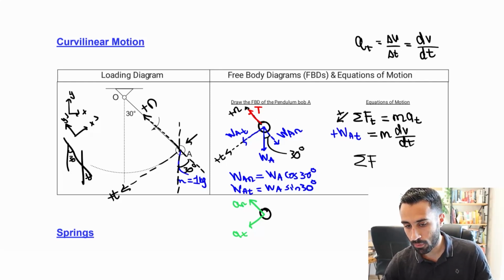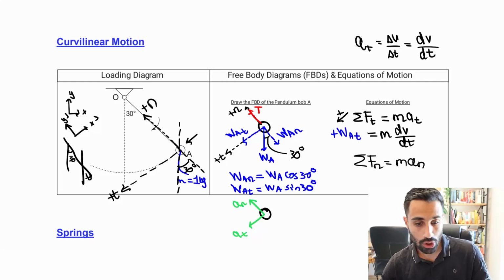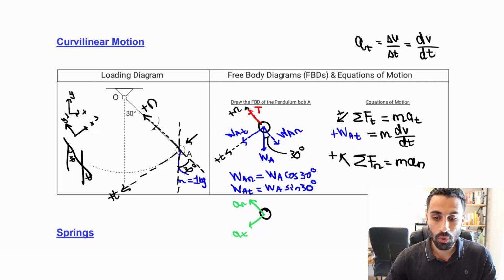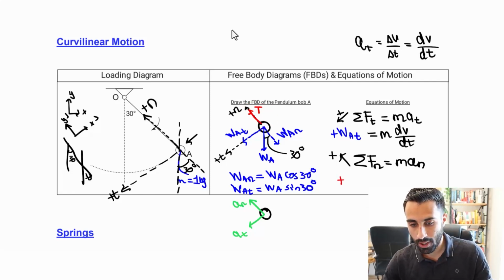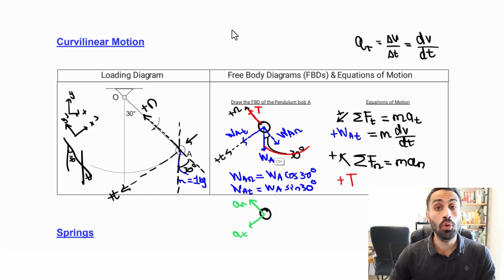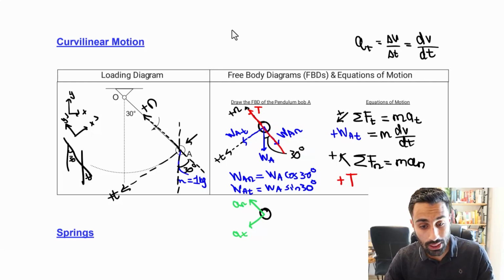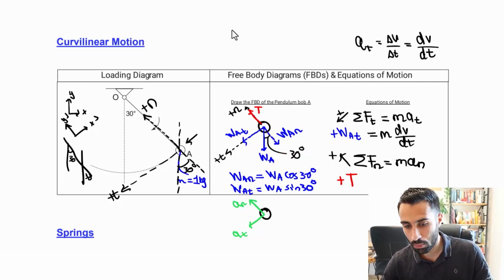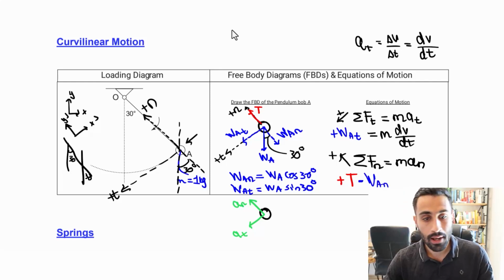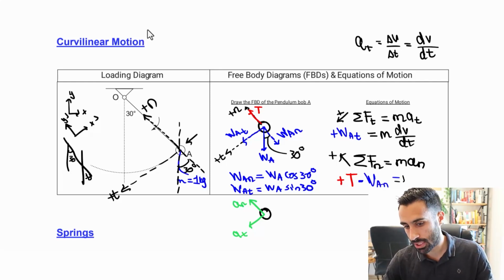Now we do the sum of the forces in the normal equals mass times acceleration in the normal. So we're going to say in the normal going this way is positive. In the normal, what are the forces? It's going to be the T here. So it's going to be positive T. We have the WA in the normal, and it goes this way, so it's going to be negative. So that would be negative WA in the normal right there. And that equals mass times acceleration in the normal.